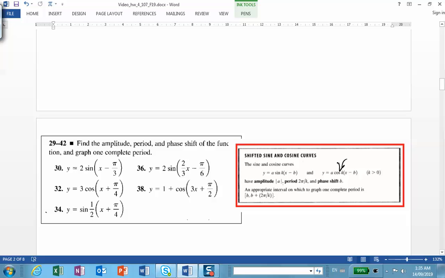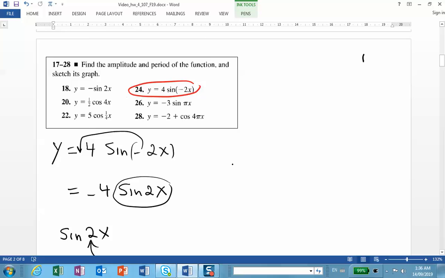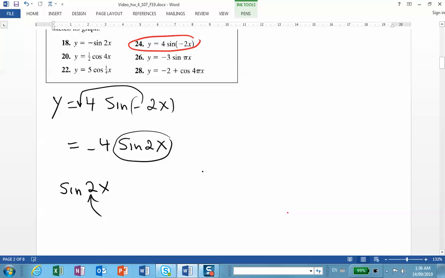Okay. So, well, first of all, this tells you that K is 2. The period is equal to 2 pi over K, which is 2 pi over 2, which is pi. Okay.